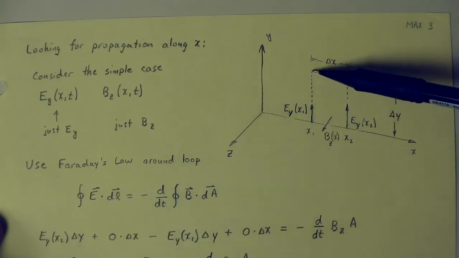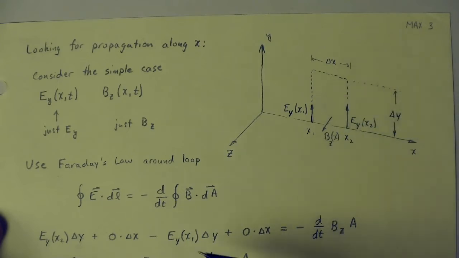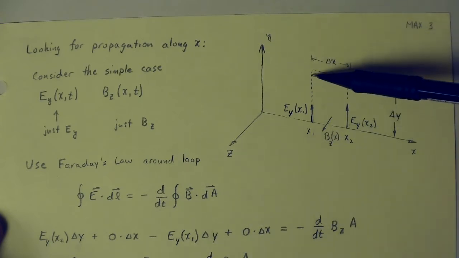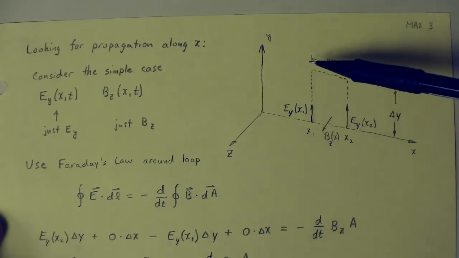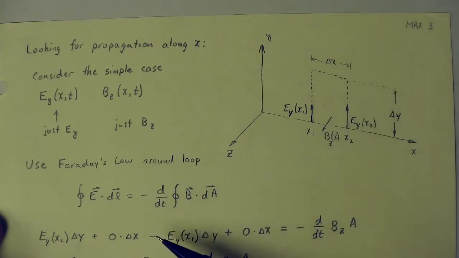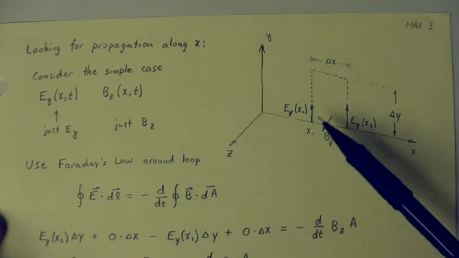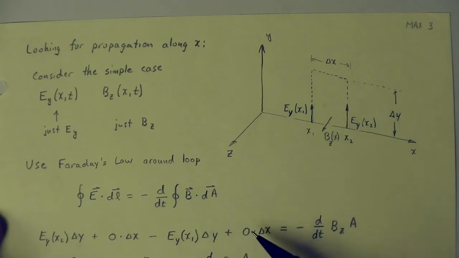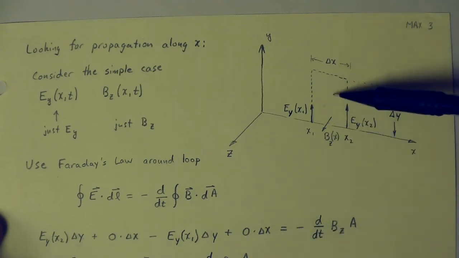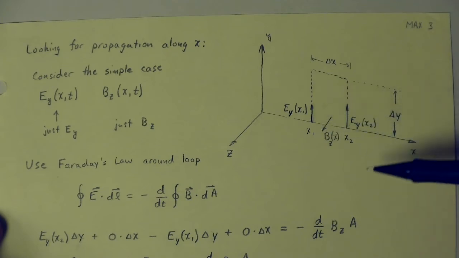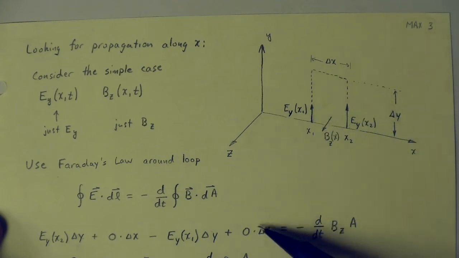When we come down on the left-hand side, then it's the y component of the field times delta y again, but it's the y component at x1, and there's a minus sign because we're moving down, but the field is pointing up, so the dot product brings in a minus sign. And then finally, moving along the bottom, we'll get 0 again because the electric field is pointing straight up and our path is pointing straight to the right. So they're perpendicular to each other, and the dot product gives us 0.